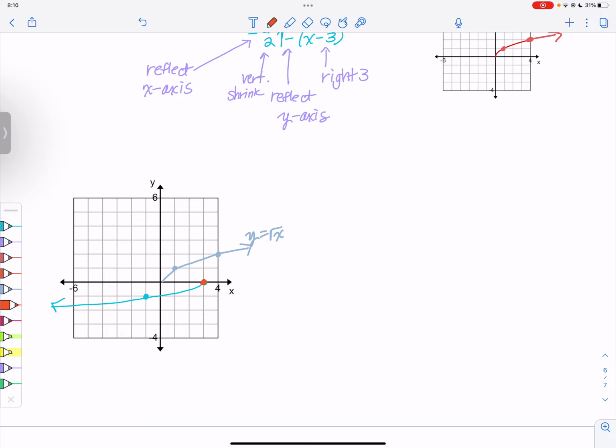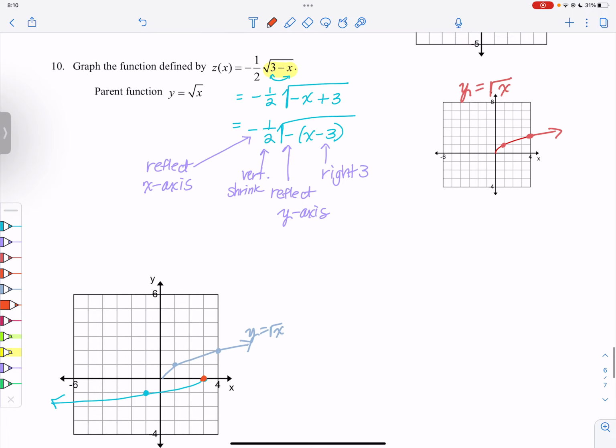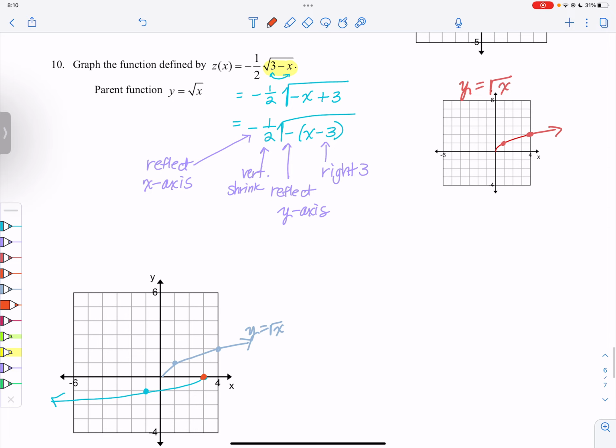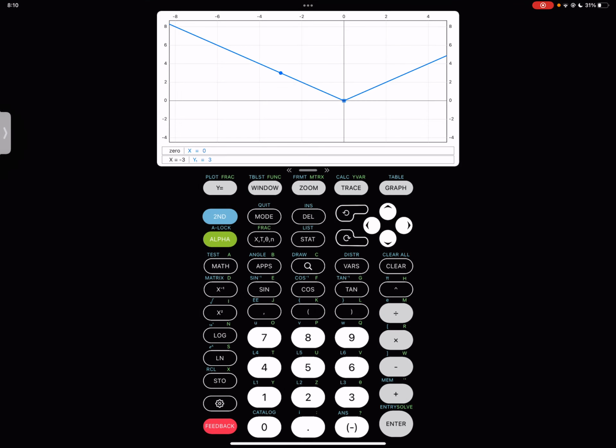And that's how we arrived at that graph. And we could put these in the calculator also. I'll just show you that. Where you can put these both in the calculator and take a look at them. And so here we have the opposite of 1/2, and then we have the square root of 3 minus x.